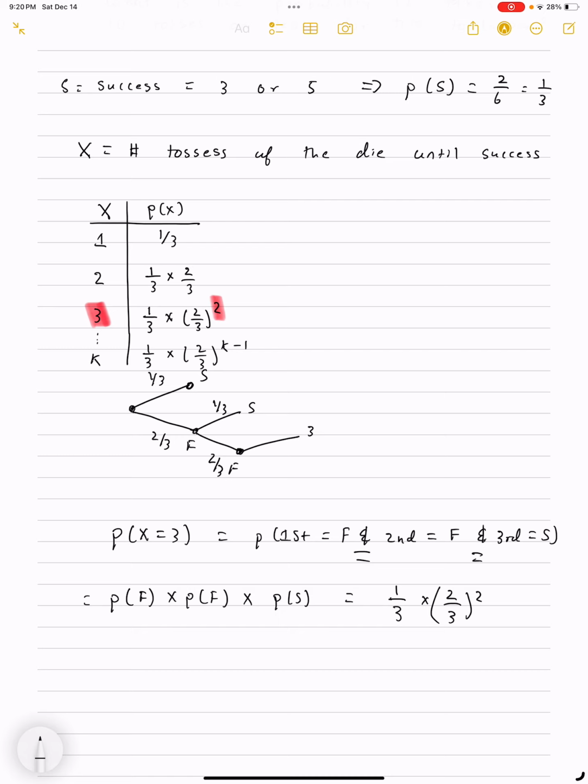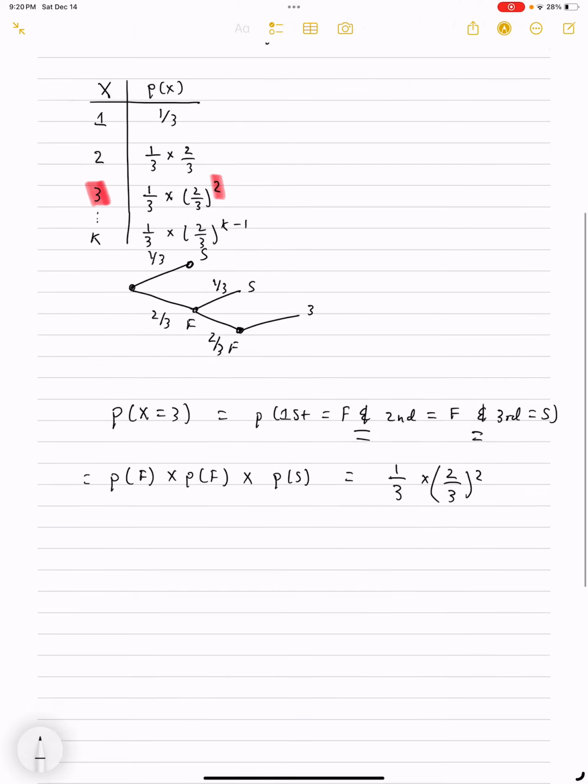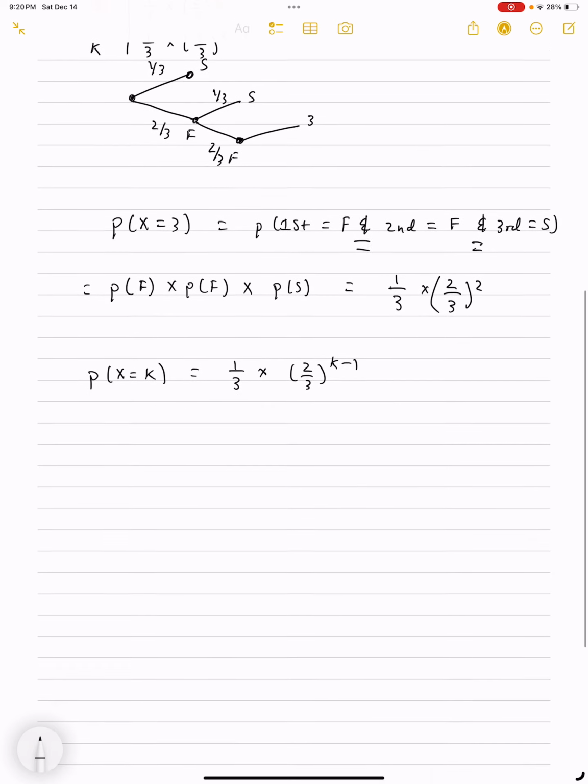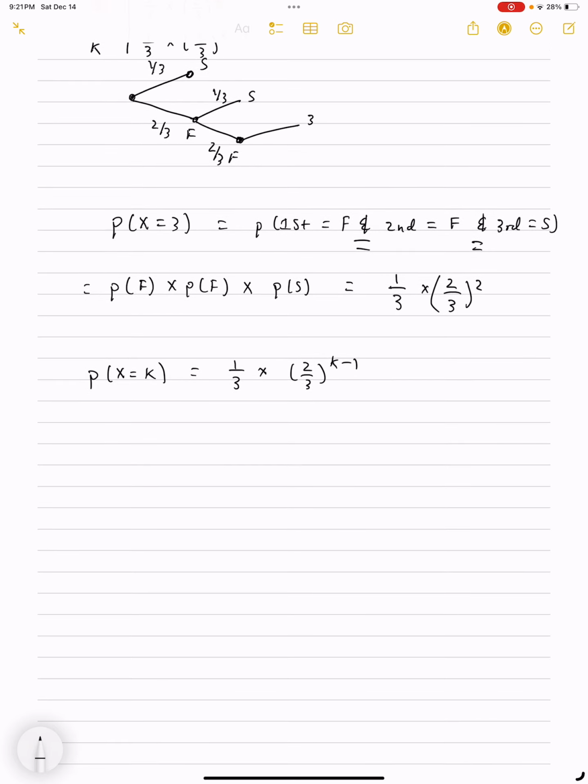And so this gives us a general formula for having k tosses. That will be 1/3 times 2/3 to the k minus 1.